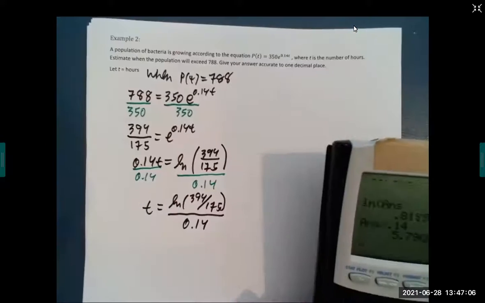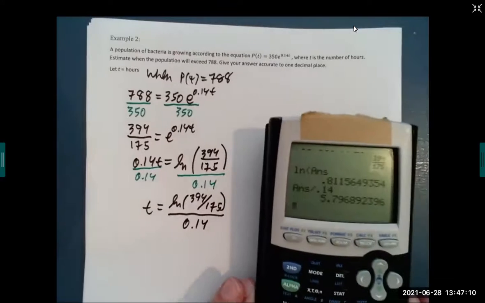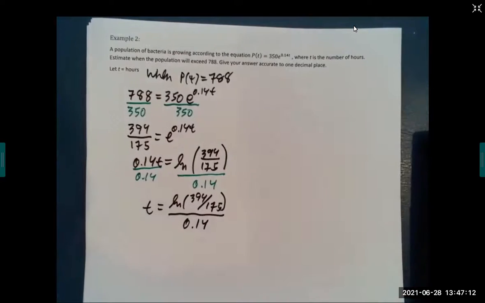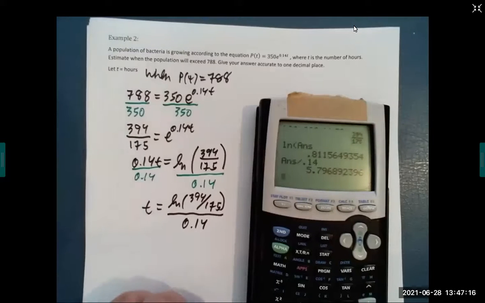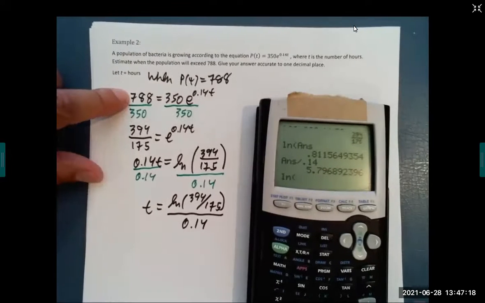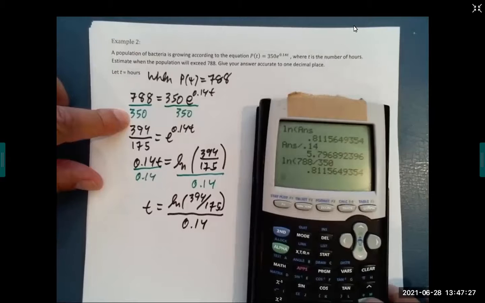That is a different answer than what my notes say. Let's try that again. ln of 788 divided by 350 equals, that's the same number, divided by 0.14.